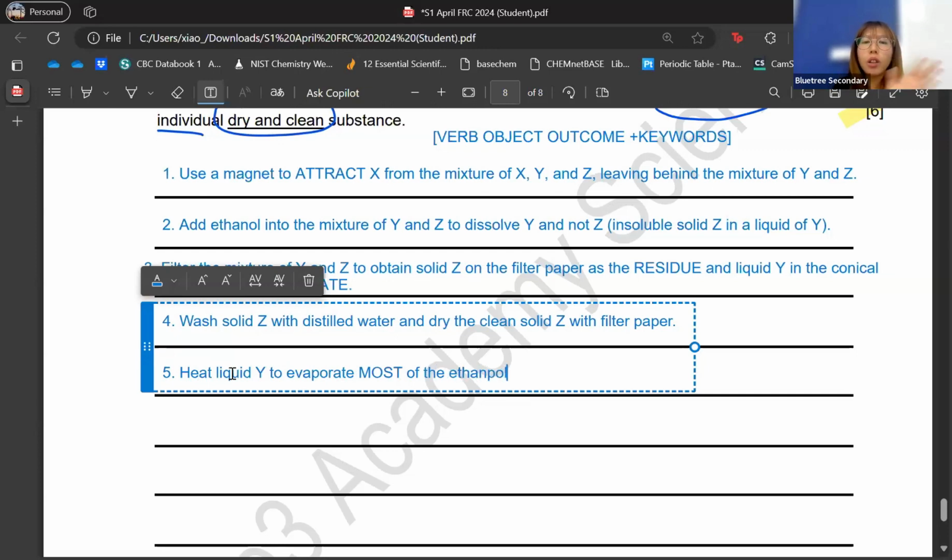So take note, now it's not water, now it's ethanol. Because the solvent that I used to dissolve Y was not water, it is ethanol. Okay, so heat liquid Y to evaporate most of the solvent. Then the next keyword, to obtain a saturated liquid Y.